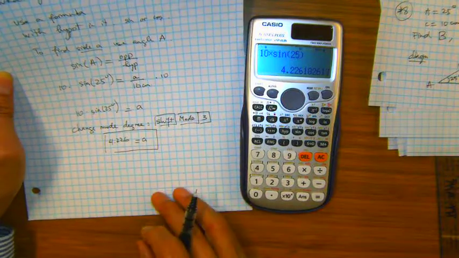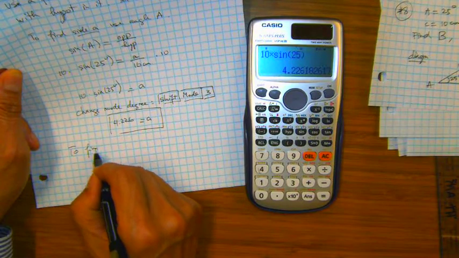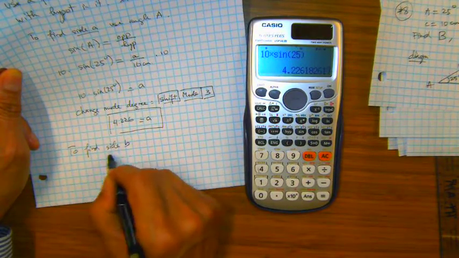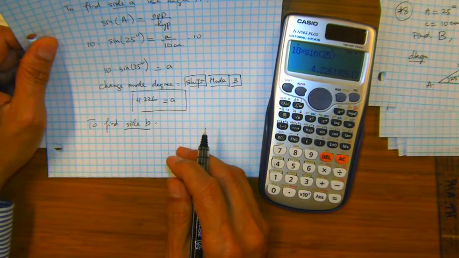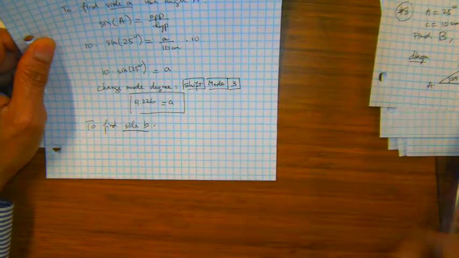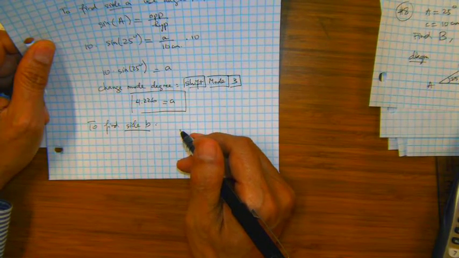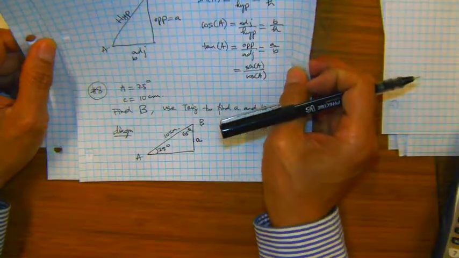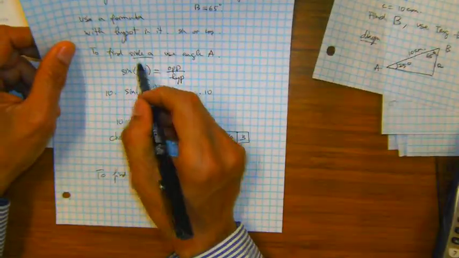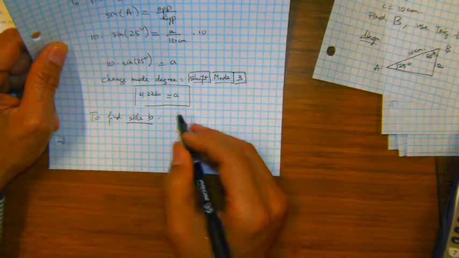Okay, any question on that one? And so how do I find side B? Which formula do I use to find side B? Well, use sine or cosine. Which one? Look at what we did for side A. To find side A, use angle A. So to find side B, use angle B, of course.